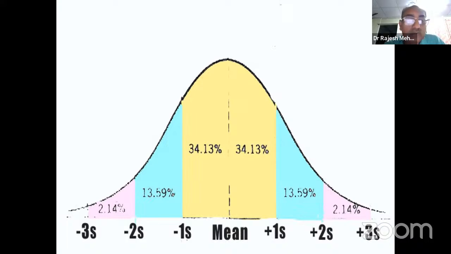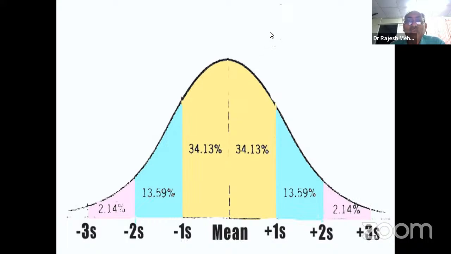So let me tell you, if the distance is more than two standard deviations, now look here carefully. Plus minus two, so 95% of people lie over here.